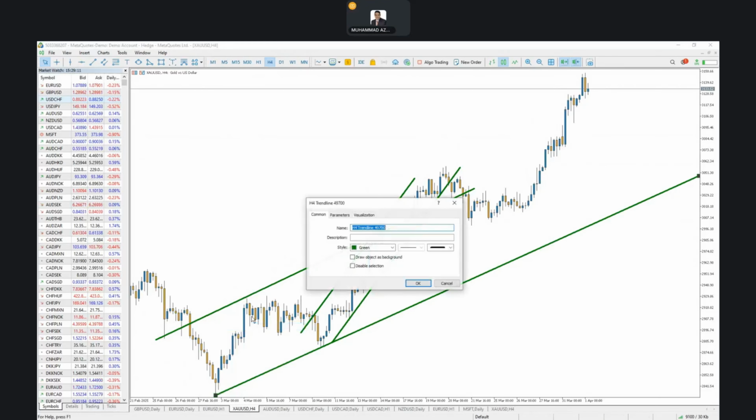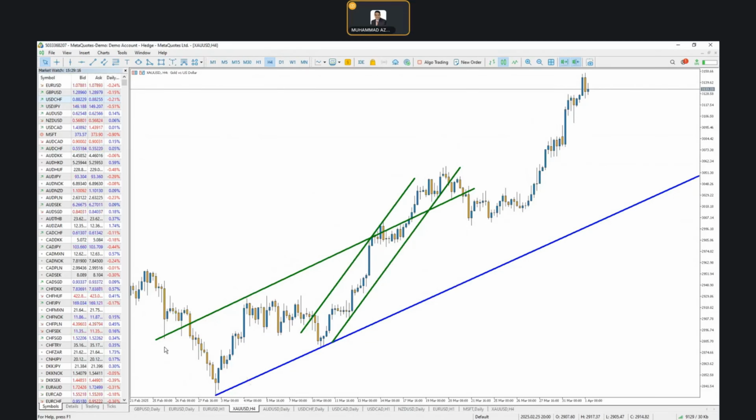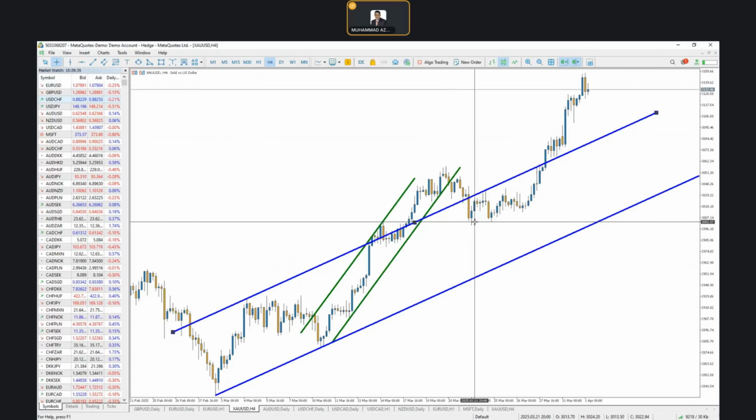Okay, this is called the base channel. So the blue lines are the base channel, and within the base channel we got a short-term intermediate trend channel in green color, and we got a break to the downside, and then after that price action actually resumed the uptrend.